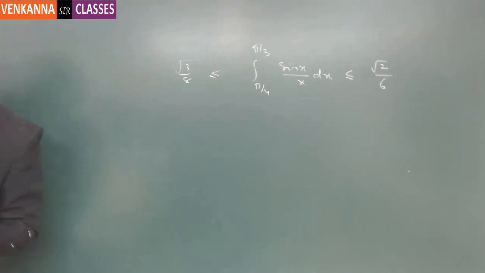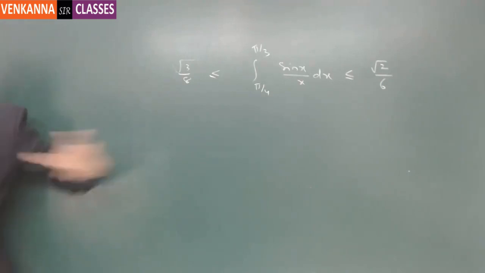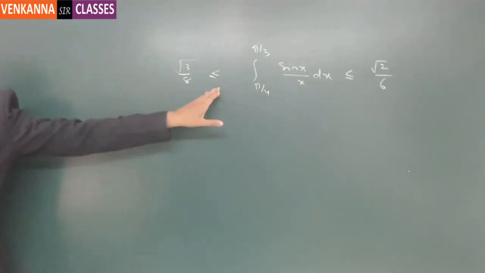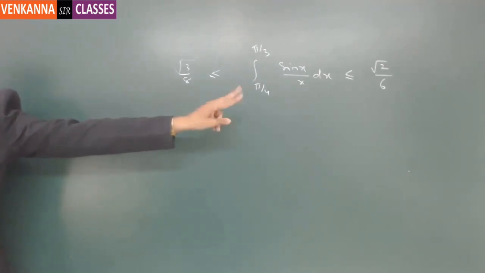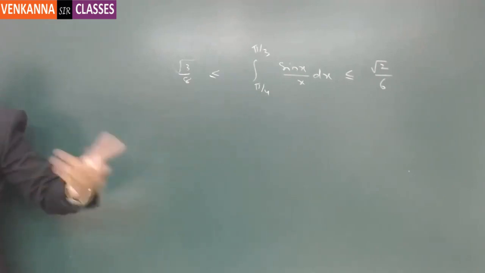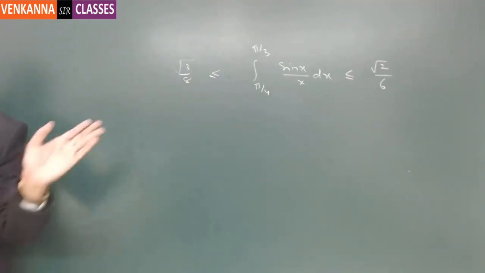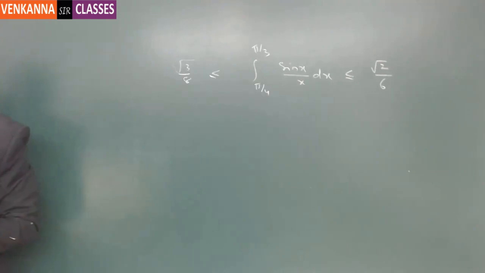Here I want to state one interesting point. On observing this, whenever there is an inequality involving the integration symbol and the integrand contains two functions, what is the technique we apply for proving this inequality? Can you say? First mean value theorem, right?